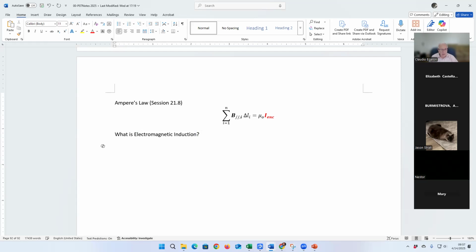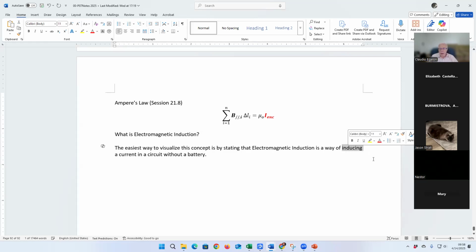The very basic, easiest way to visualize this concept is by stating that electromagnetic induction is a way of inducing a current in a circuit without a battery.